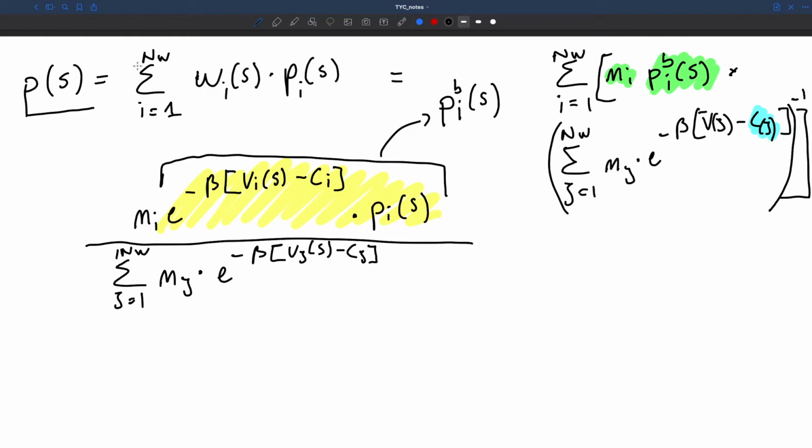We have that e to the minus beta ci equals the integral of e to the minus beta vi of s ds multiplied by the probability density P of s.